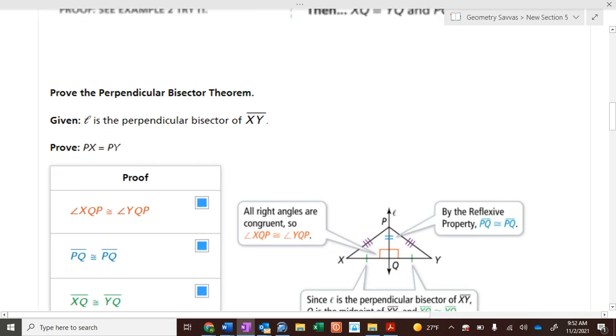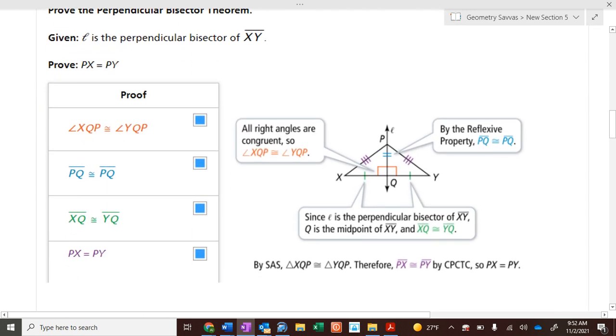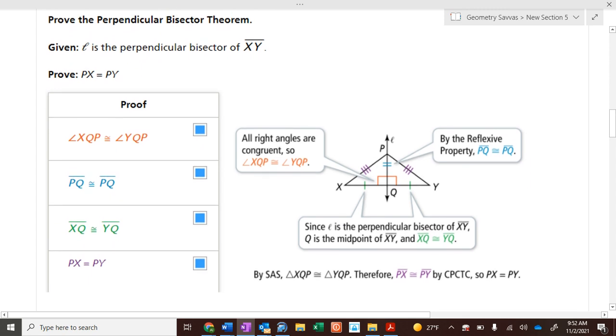All right, how do we use that? Well, we use it like this. Okay, here's a proof of the perpendicular bisector theorem. What it says is, if we start out with these two angles being congruent, because all right angles are congruent.